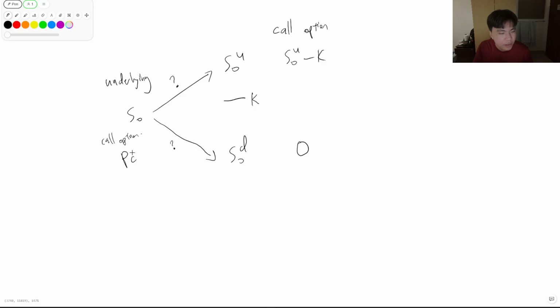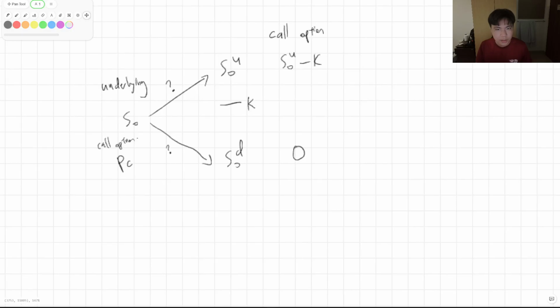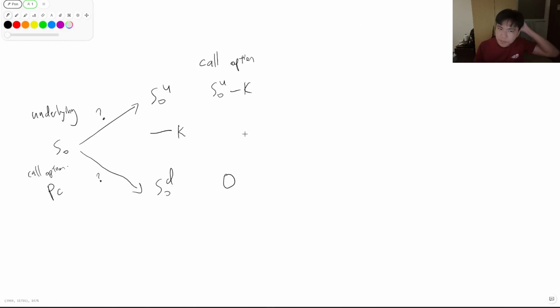I'll call the price of the option PC. Typically people would derive the fair value by constructing a replicating portfolio, some kind of hedge portfolio, which they want to be the same value in the uptick and downtick case.